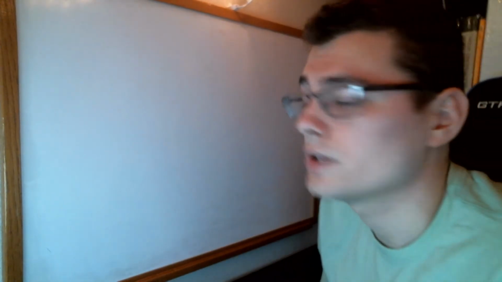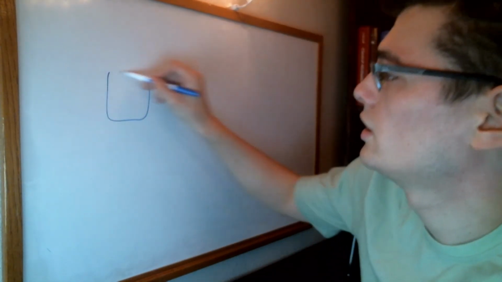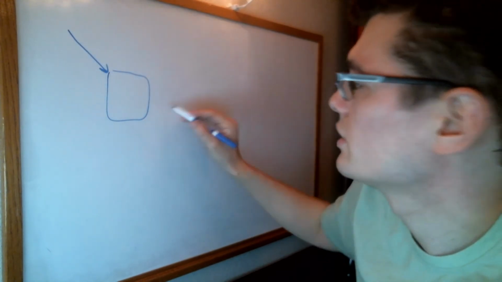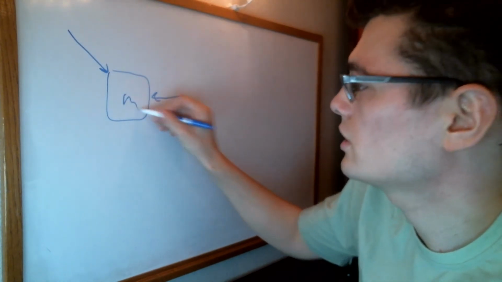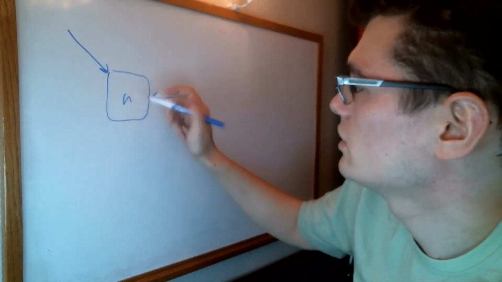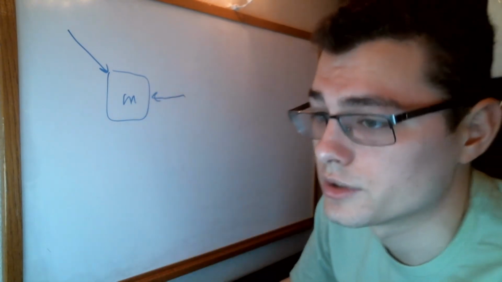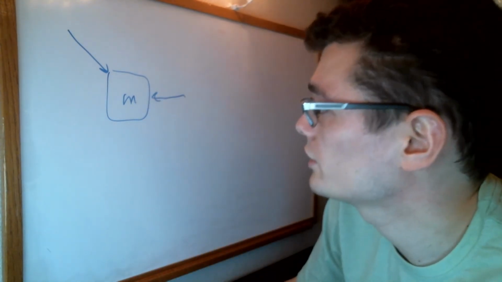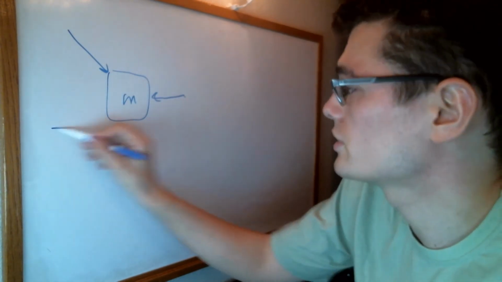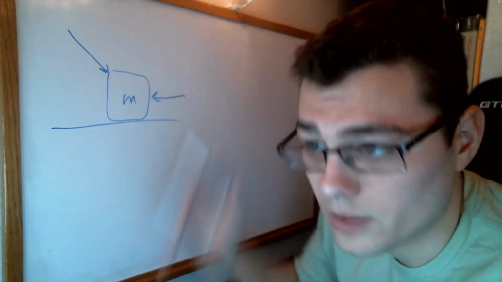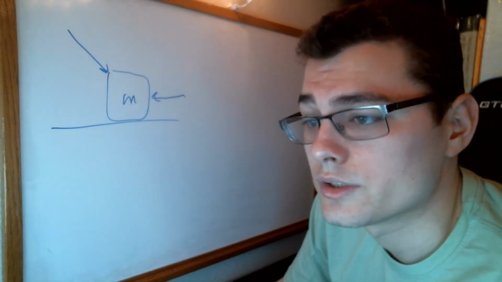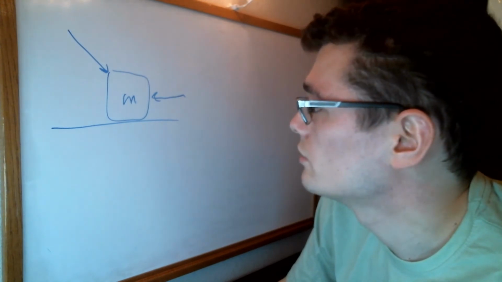Okay, so next up we have a box that has a force here and a force here on it, and in this problem they first want you to draw a free body diagram, so you just have to include this force, gravity, and the normal force. Then it wants you to find the x component.